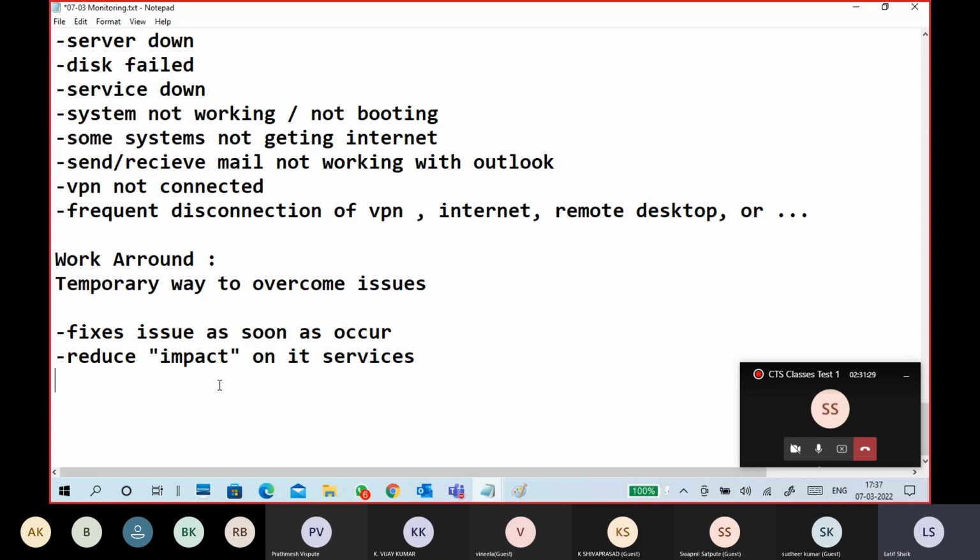If my internet is disconnected, how many people will suffer? Me as well as you. Of course, you don't suffer, you feel very happy, but the class will be disturbed, right? So it is postponed, and we have to go with the next day. The next day may not be managed properly. That is the impact.